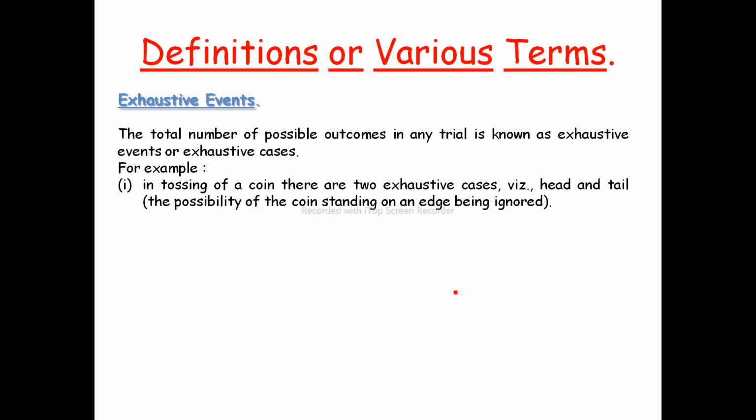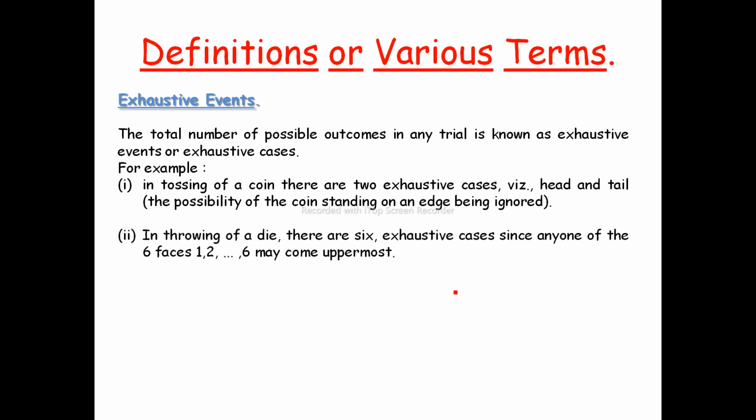So you are tossing a coin, and what is the maximum number of possibilities? Either head can come or tail can come. So we can say two exhaustive cases are possible in tossing a coin. One more example: in throwing a die, there are 6 exhaustive cases, since any one of these 6 faces may come.